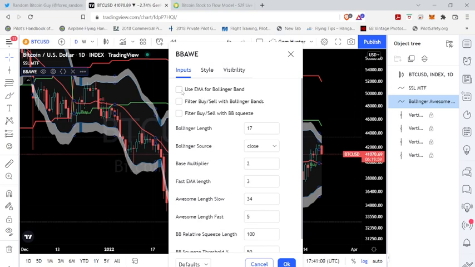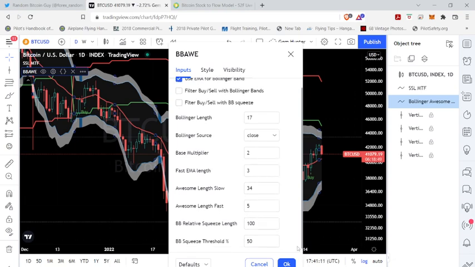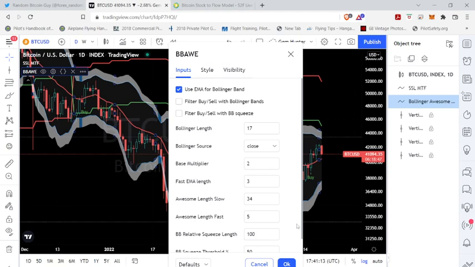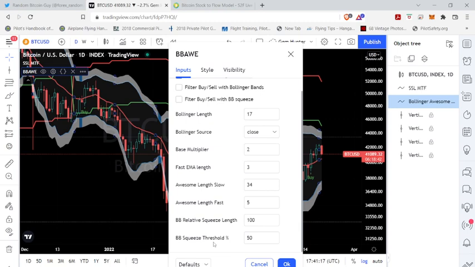We're going to use the EMA for the Bollinger Band. That puts a little bit more emphasis on the current candles, and we are going to get rid of some of these buy and sell signals. Where is that? I think that's on the next page. Give me a second. Everything else we can pretty much leave. Forgot the base multiplier. We want to change that anywhere between 1.5 and 1.9 is fine.